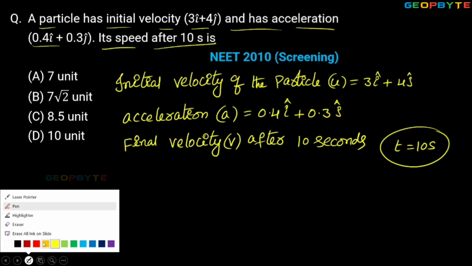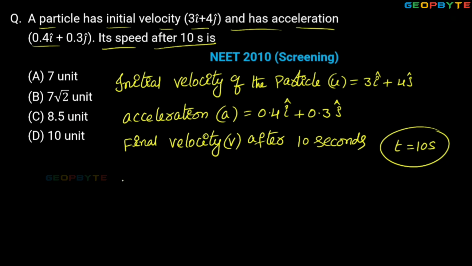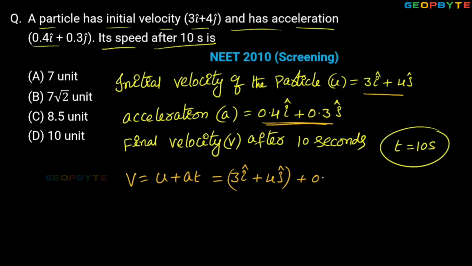Then what is the final velocity formula from the equation of motion? Final velocity v equal to u plus at. It is equal to 3 i cap plus 4 j cap plus 0.4 i cap plus 0.3 j cap into time 10.